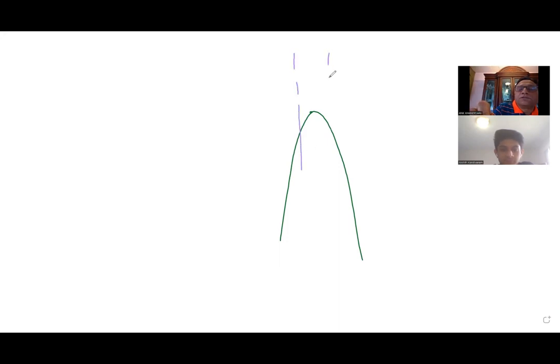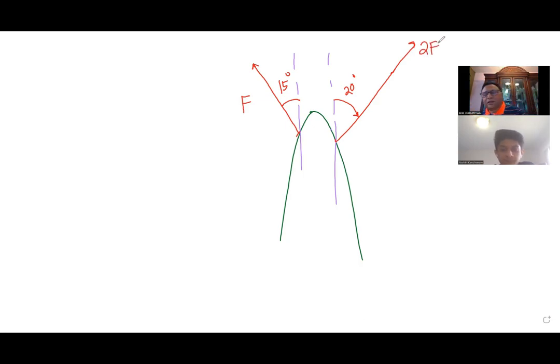These are the two points of interest where this is being pulled at an angle. I'm making it purposely wider so that it helps to understand the situation better. This force is F, then this force is 2F. So we have to find the resultant force.